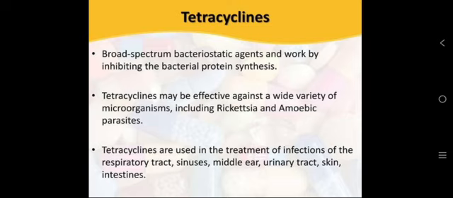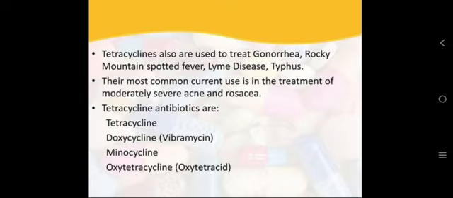Tetracycline may be effective against a wide variety of microorganisms, including amoebic parasites, etc. Tetracyclines are used in the treatment of infections of the respiratory tract, sinus, middle ear, urinary tract, skin, and some intestinal infections, etc. Tetracyclines are also used to treat Rocky Mountain spotted fever, typhus, etc. Their most common current use is in the treatment of moderately severe acne, etc. Tetracycline antibiotics are tetracycline, doxycycline, minocycline, oxytetracycline, etc.